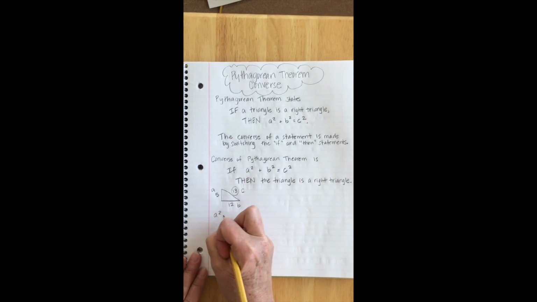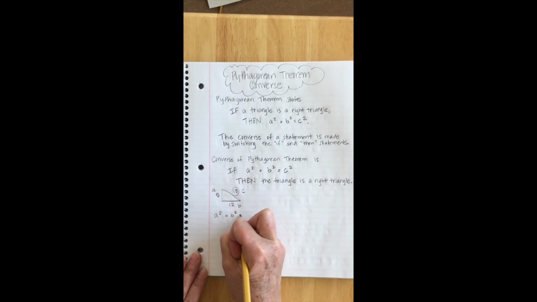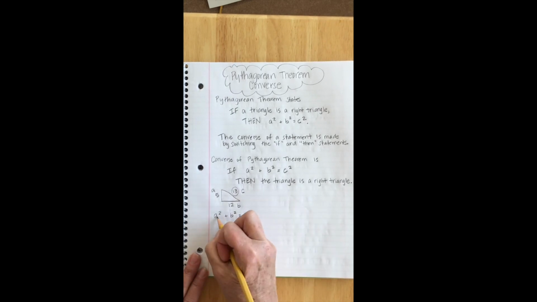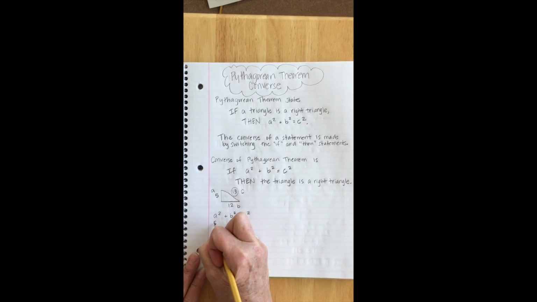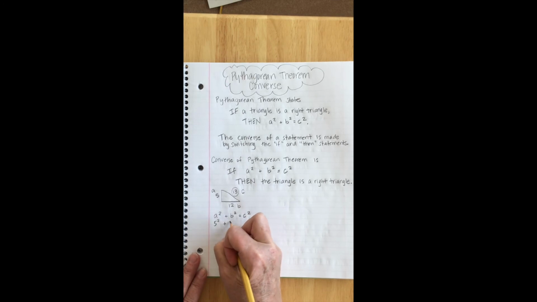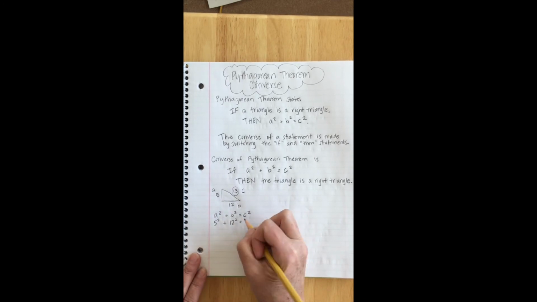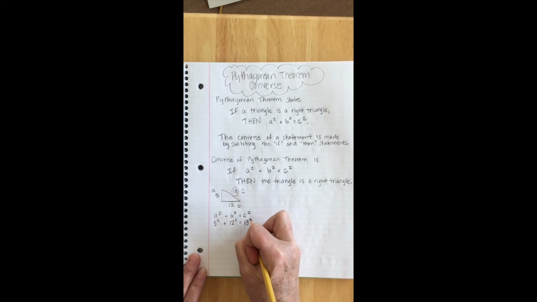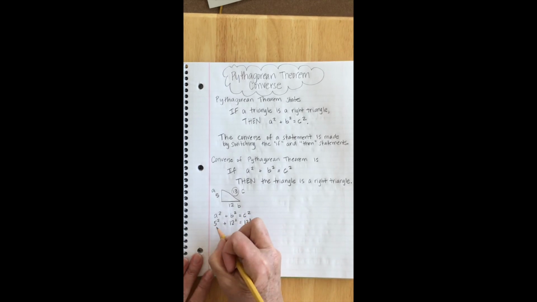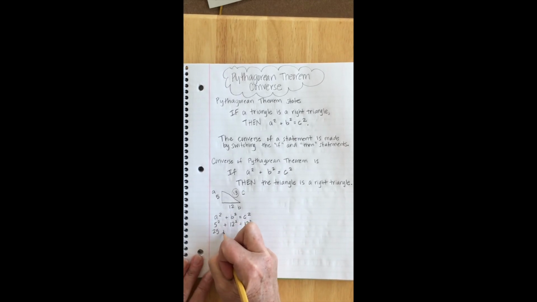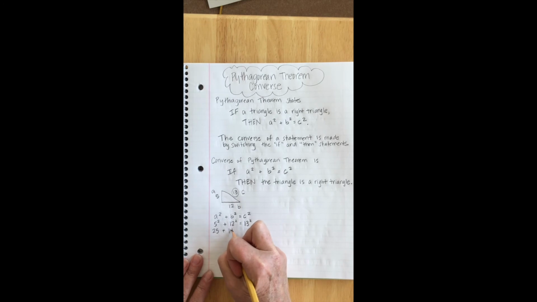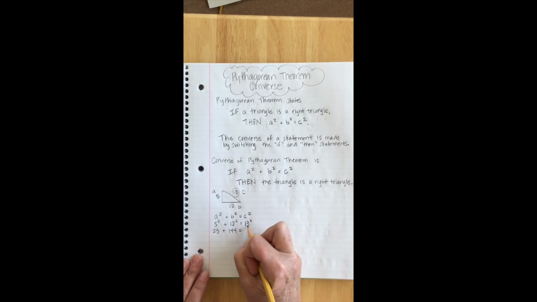So let's go ahead and plug in our values to the theorem. So A squared becomes 5 squared, B squared becomes 12 squared, and C squared becomes 13 squared. Now I know that 5 squared is 25, and 12 squared is 144. And 13 squared is 169.